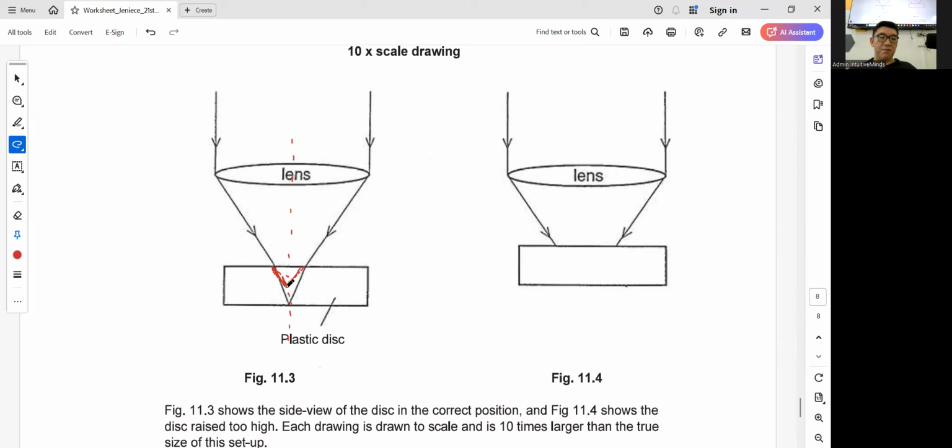So you just have to extrapolate a bit, and you measure this distance from the center. Measure this and that should be your answer.